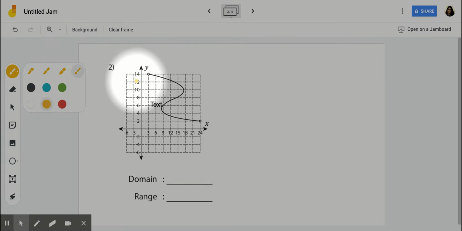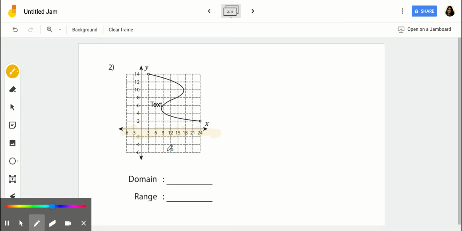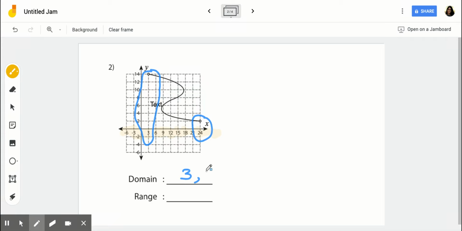Okay, so I'm going to go back here, and we're working on domain, so we care about these X's down here. Now I'm going to take a pen, and I'm going to think about the leftmost X that I see. It looks like it's going by 3s, and the first X I care about is right there, 3. So 3 has to be my starting point, and now I'm going to keep going along the graph, and it looks like it stops right there at 24.